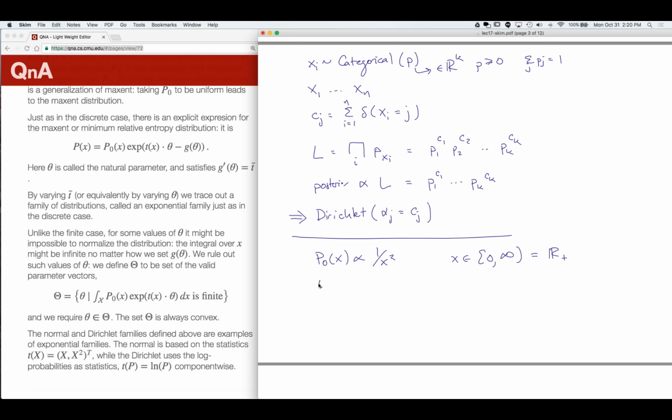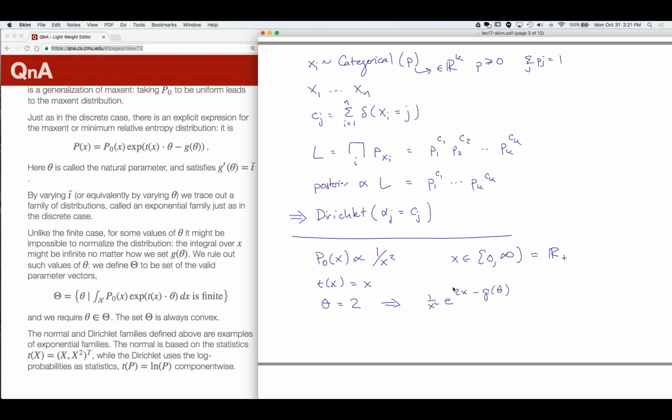If we take t of x just to be x, and then we take theta to be 2, then our distribution would be 1 over x squared times e to the 2x minus g of theta.